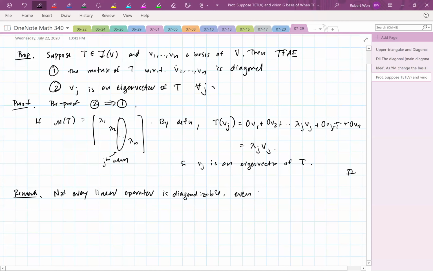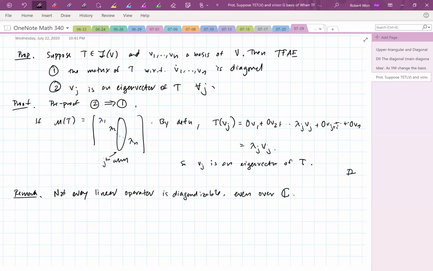And then you might think, well, okay, we saw that over R, you might not have any eigenvalues, but over C, you always have an eigenvalue, which means that actually, counting with multiplicity, you always have n eigenvalues. But even over C, where you're guaranteed to have an eigenvalue, your linear operator still may not be diagonalizable.